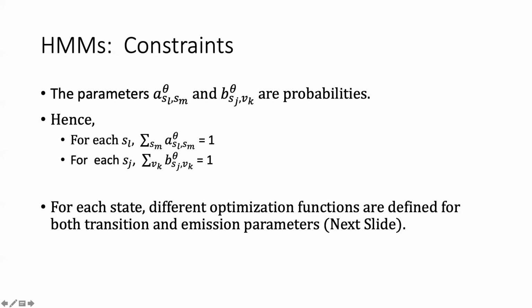So these are the constraints used to solve the objective function. So for each state, different optimization functions are defined for both transition and emission parameters.